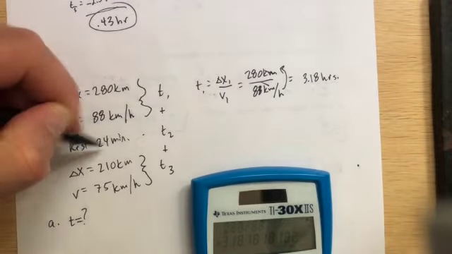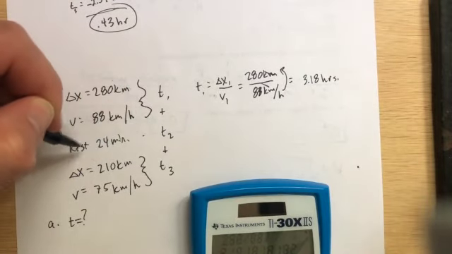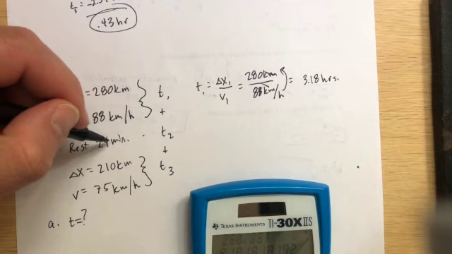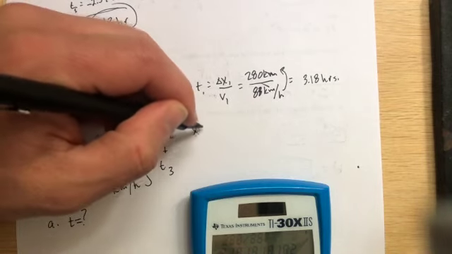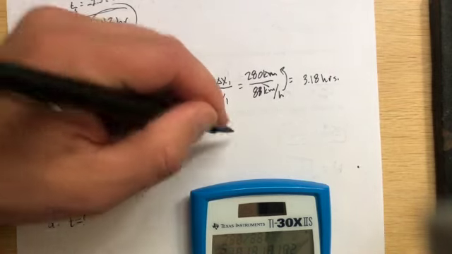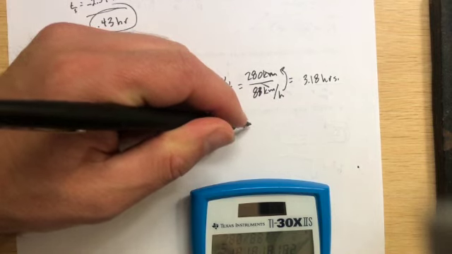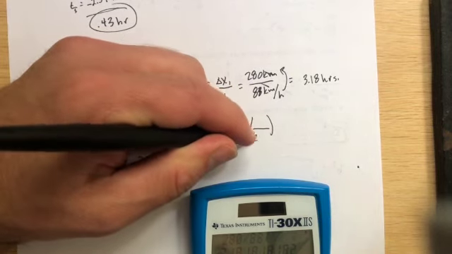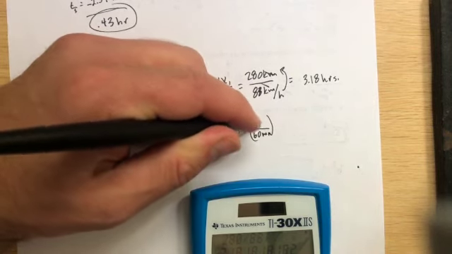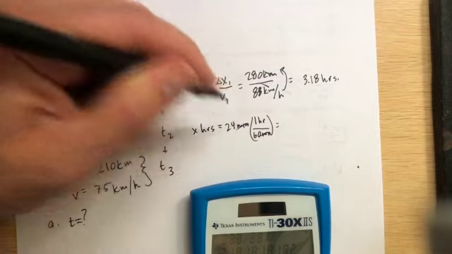All right. Time 2 is 24 minutes. Now we have to have that in hours, so x hours equals 24 minutes. And there are 60 minutes in 1 hour. Minutes cancel minutes.